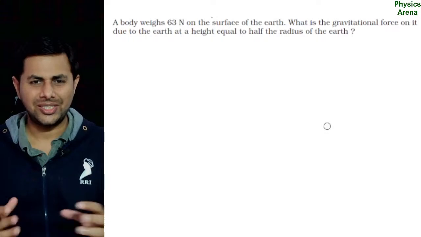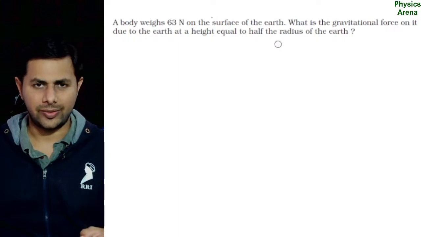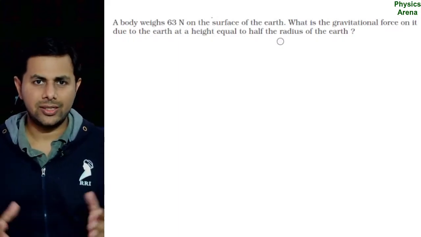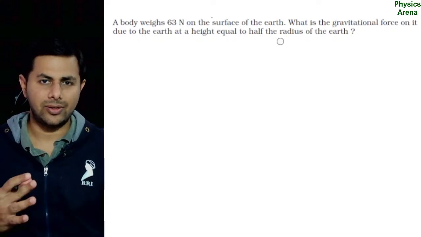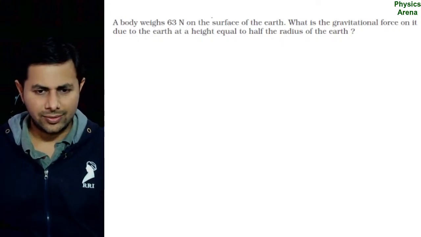All right, so let's note down the given things. A body weighs 63 newtons on surface of Earth. So what is weight of an object? Weight of an object is the gravitational force exerted on the object by Earth. Okay, and how much is that?